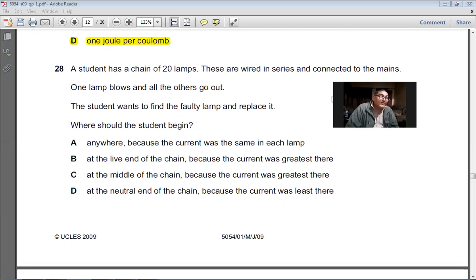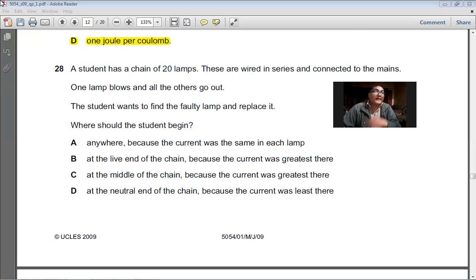The options: anywhere, because the current was the same in each lamp. At the live end of the chain, because the current was greatest there. At the middle of the chain. At the neutral end of the chain, because the current was least there.